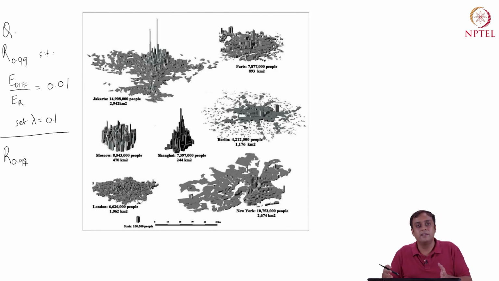I will tell you R 0.99 after I discuss this little schematic in front of us. What we are looking at here is a spatial map of different cities, including Jakarta, Paris, Moscow, Shanghai, Berlin, New York, and London. And what you see, interestingly, is that many of these cities, if not all, have something like a center.